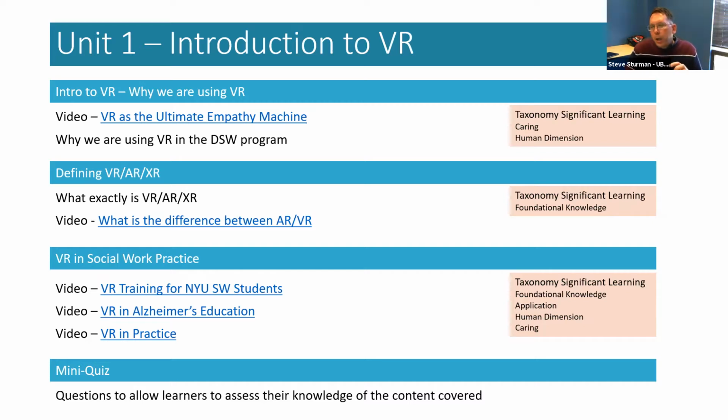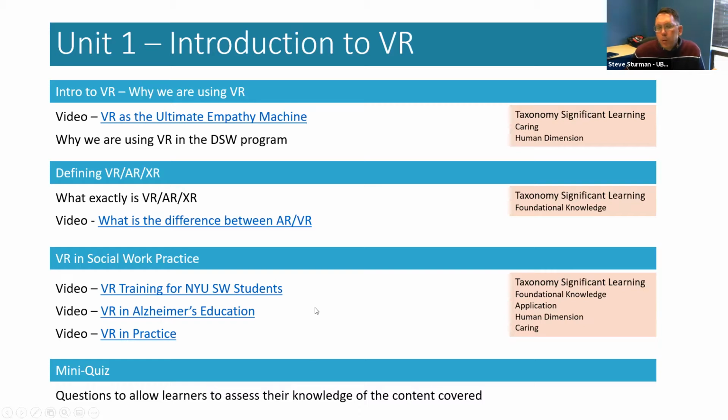And then we also try to build upon that human dimension and the caring dimension by selecting specific populations that our instructors are interested in, work with, and support, so that they can see how learning about VR and how it's being used would tie to their professional research, their professional practice.